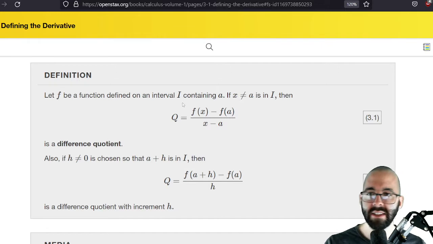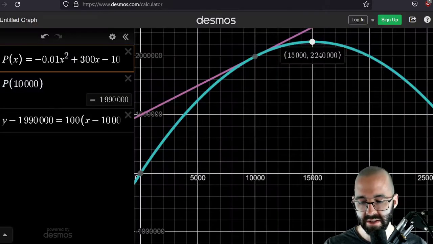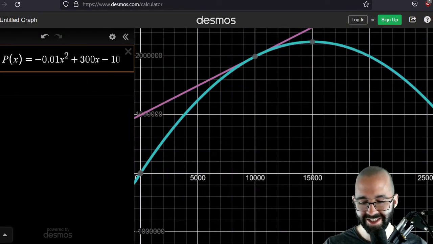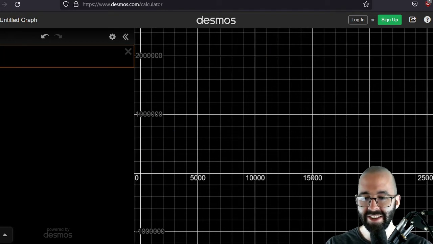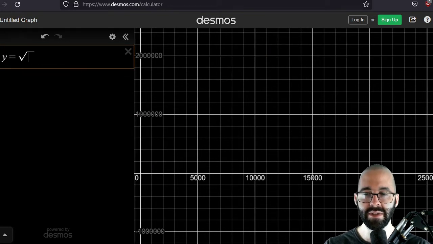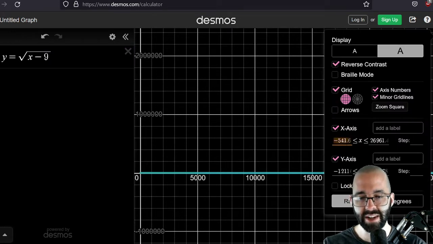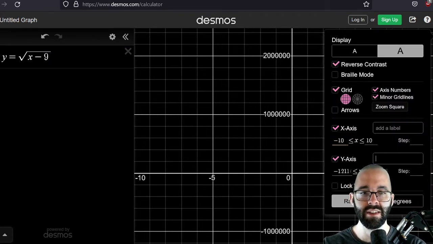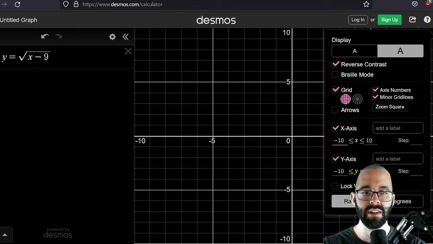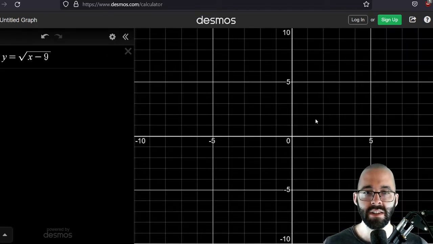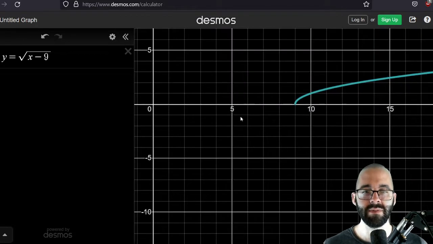Let's visualize that. Let's connect all of the dots. This is the function square root of x minus 9.